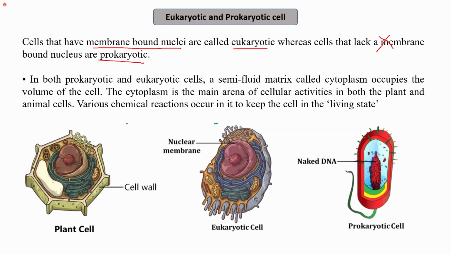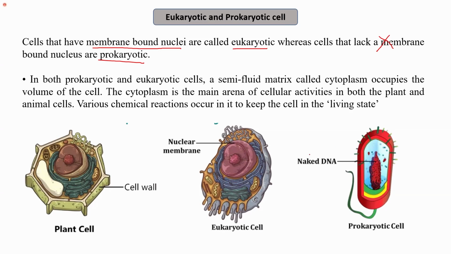So this is the figure where we can see that this is a plant cell, which is itself a kind of eukaryotic cell. This is an animal cell, which is also a eukaryotic cell. Here we can see that the central part represents the nucleus, and this nucleus is surrounded by a membrane, which is a nuclear membrane, which we can clearly see here.